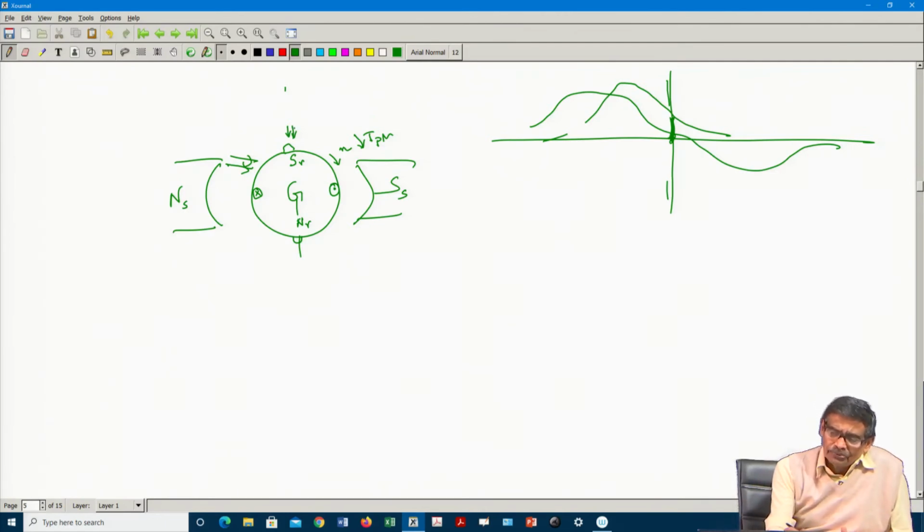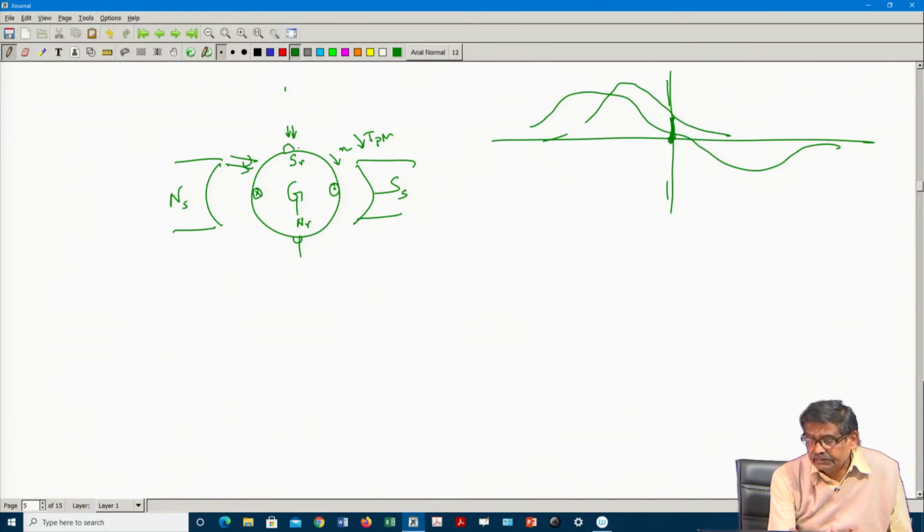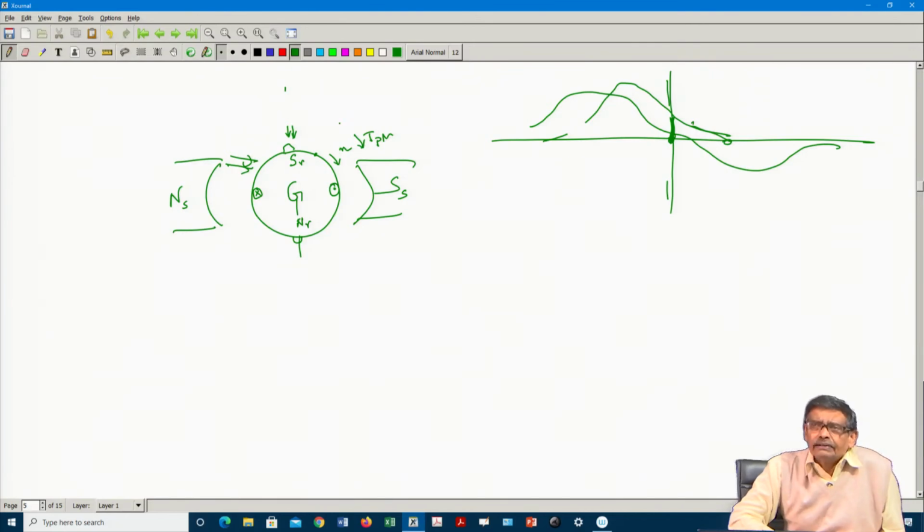Therefore, how to nullify this flux? You can put some interpole on this axis and nullify that. Where the zero of this flux goes, somewhere here, I do not know where.